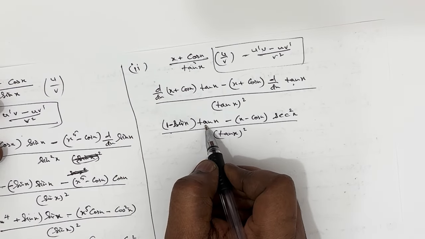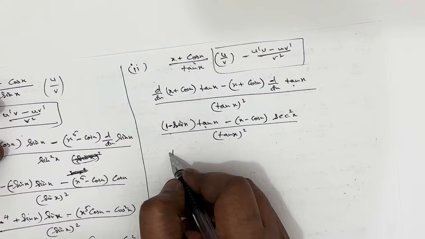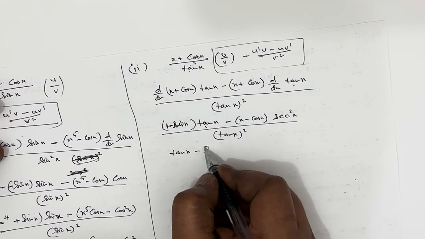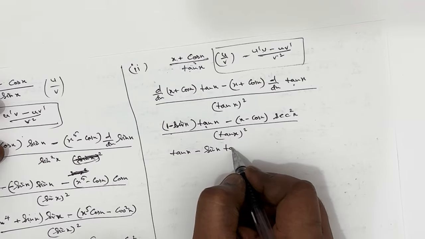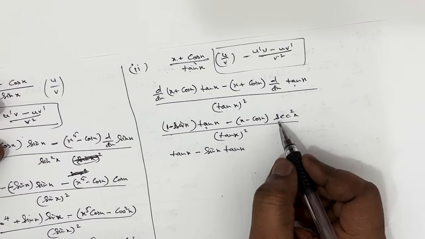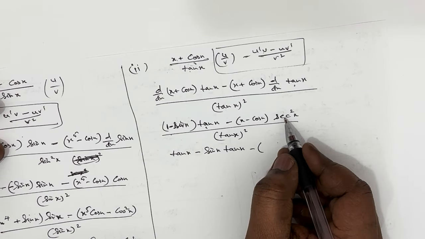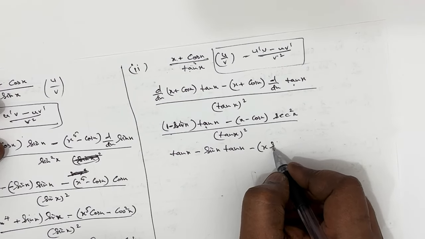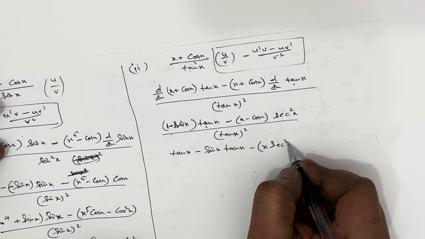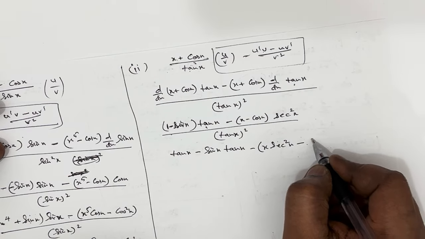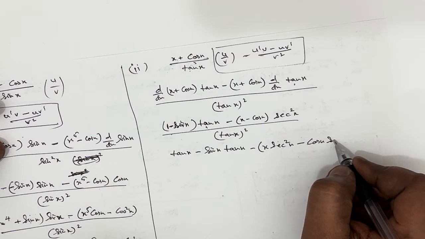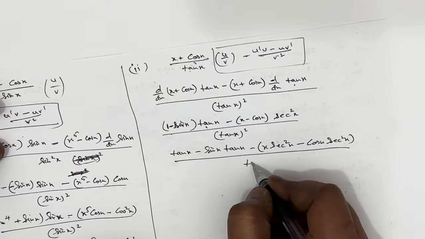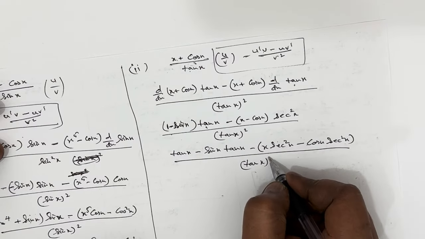Now let's multiply this in. It becomes tan x minus sin x tan x, and this becomes minus, let's multiply this first, x secant square x plus cos x secant square x upon (tan x) whole square.